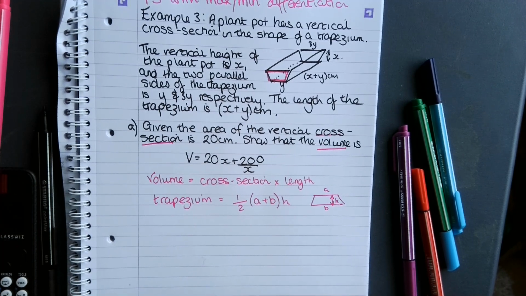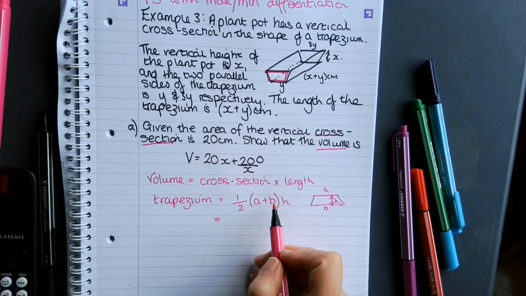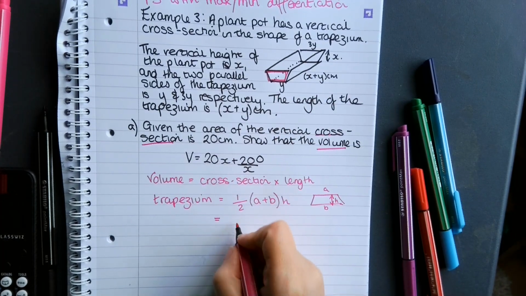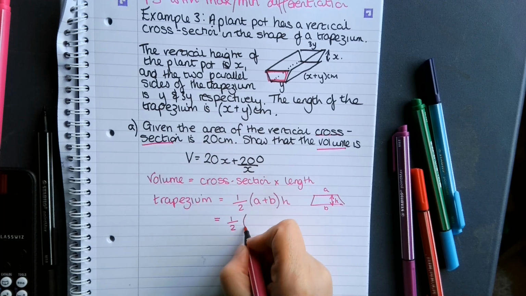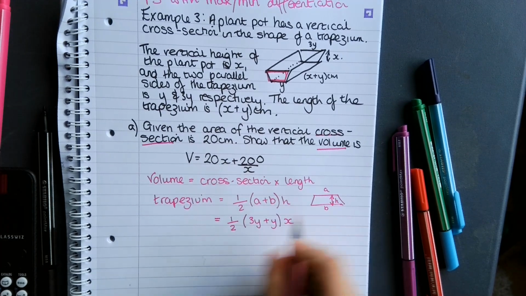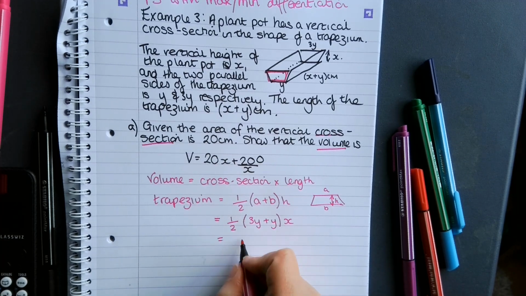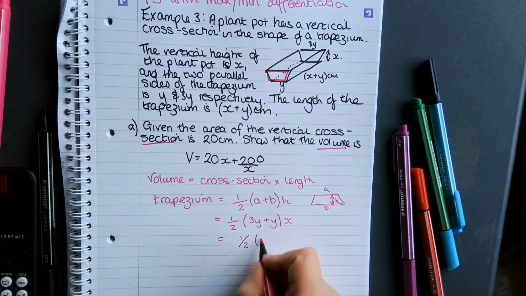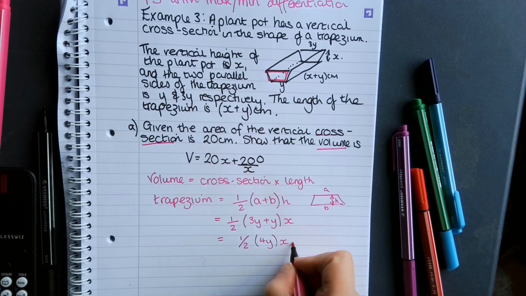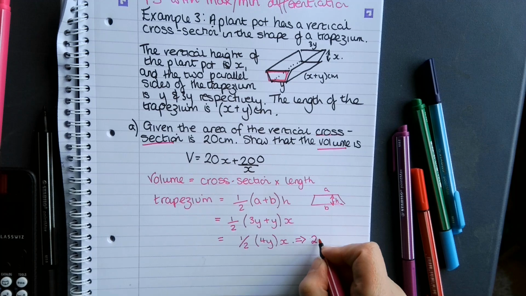Now, if I find the area of my trapezium, I've got a half times (3y plus y) times x. Well, 3y plus y is 4y, so it's a half times 4y times x, which therefore is 2xy.